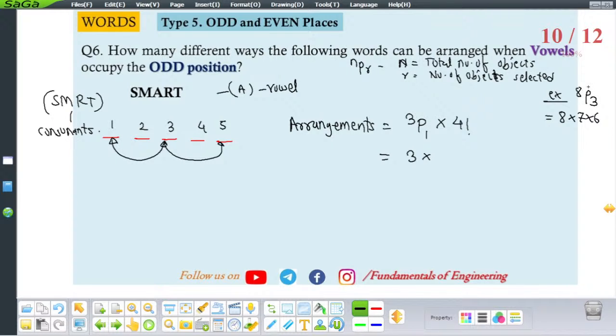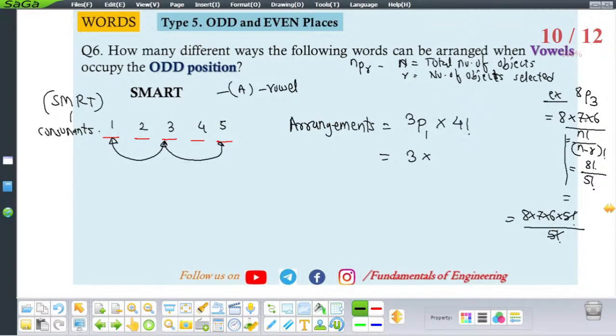So n is 8 factorial upon 8 minus 3, 5 factorial. If you write 8 factorial as 8, 7, 6 and 5 factorial, divided by 5 factorial, this 5 factorial will be cancelled out. That's why you can write r times in the reverse.